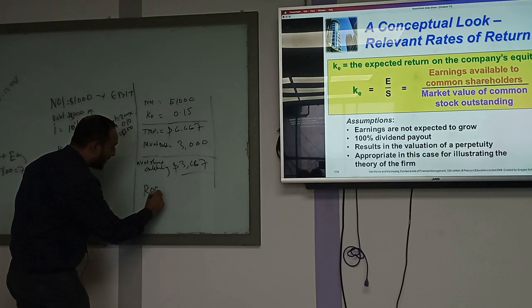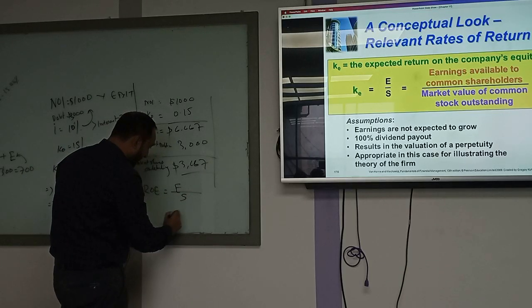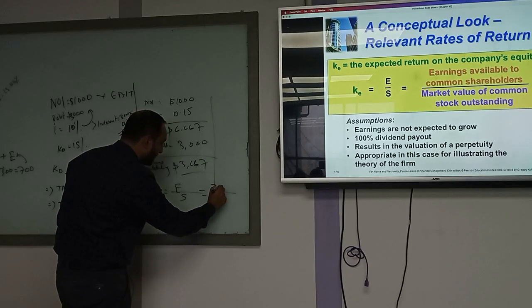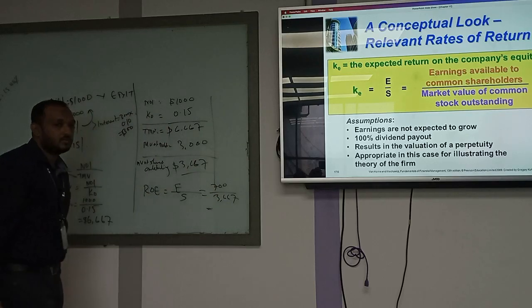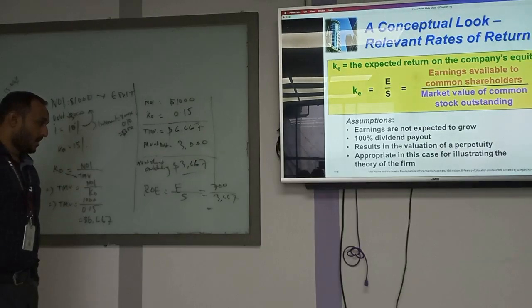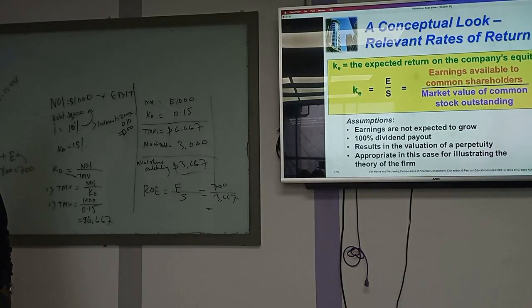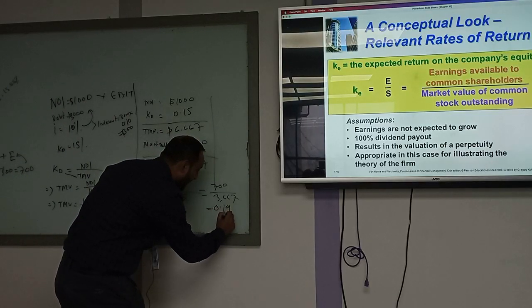So what is the value of ROE? E divided by S. So E is 700, S is 3667. So what is the ROE? 0.1909.